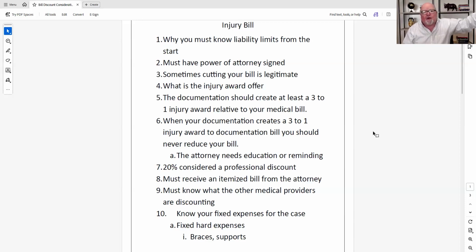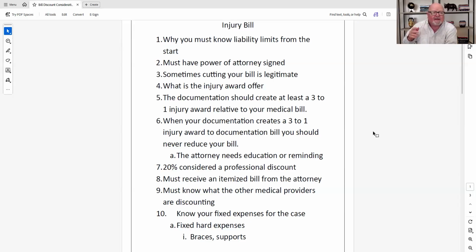Back 30 years ago, it was more common to do a third, a third, a third, until the documentation kept getting worse, and the attorneys had to cave and started taking less and less, because they didn't have the documentation to go to war, to fight that lowball offer from the insurance company. That's what's happened over the last 20, 30 years. It's crazy now.